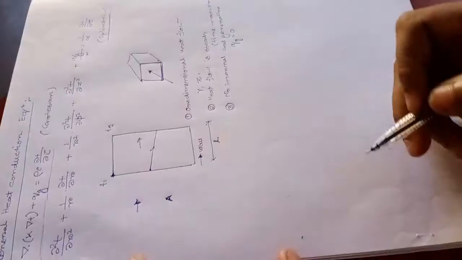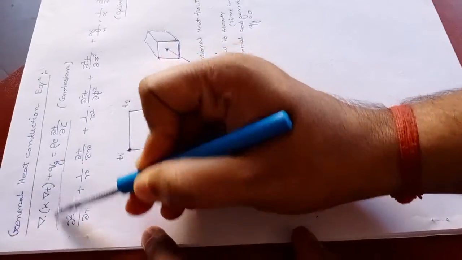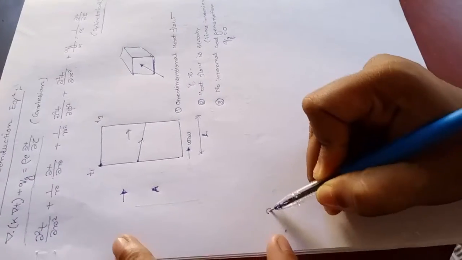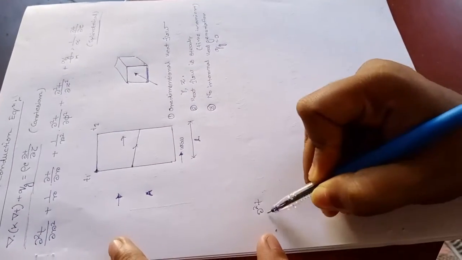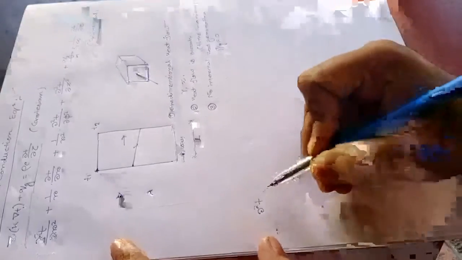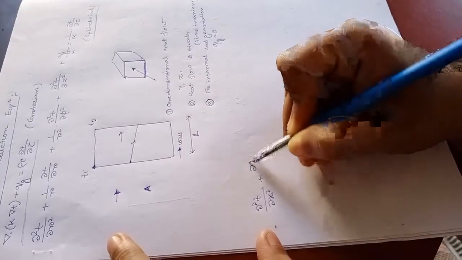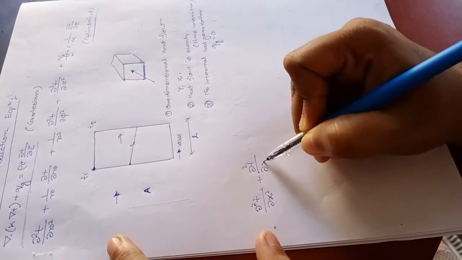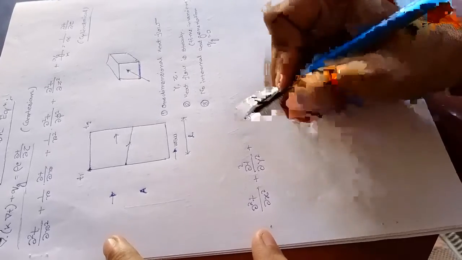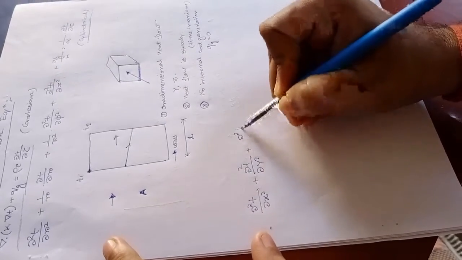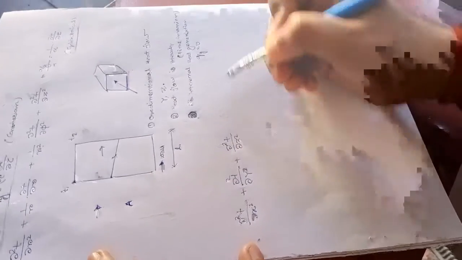Now let us get back to the previous equation. I am elaborating the divergence terms. If we elaborate this divergence term, it will come del 2T by del x2 plus del 2T by del y2 plus del 2T by del z2.